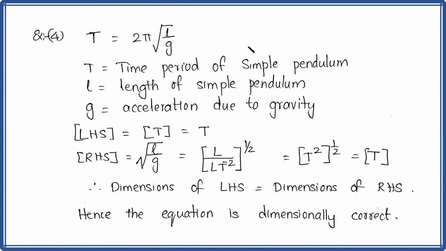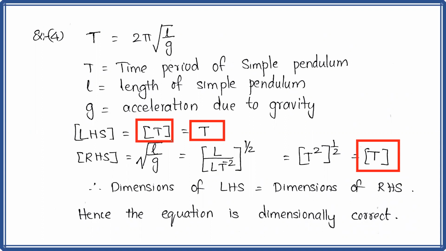Now if you observe carefully, you can see that LHS has a dimensional formula single T, that is T to the power of 1. Similarly, RHS also has the same dimensional formula T to the power of 1.